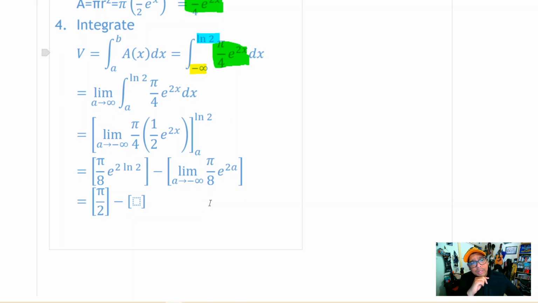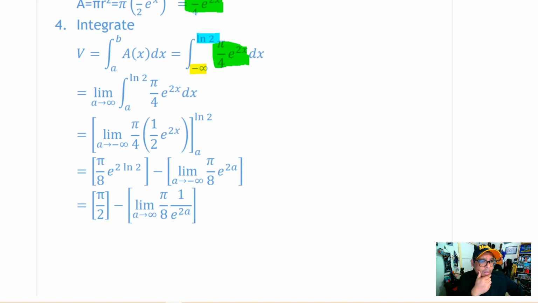So the exponent of e is a negative number, which means what we really should be looking at is 1 over e to the 2a as a goes to positive infinity. Because remember, a was going to negative infinity before. If we make it go to positive infinity, then we could just move e to the 2a to the denominator.